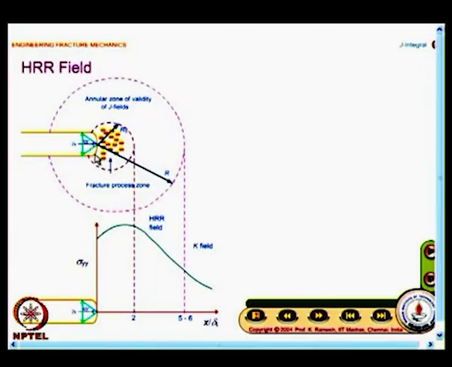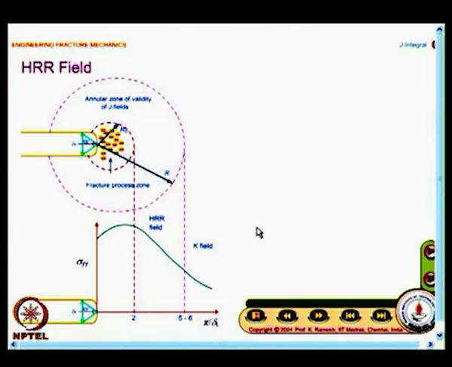For 2 times the CTOD you have the fracture process zone, that is what is given as 2. Between 2 and about 5 to 6 is the HRR field. After the HRR field you have the K field, and after the K field you will have the general stress field.